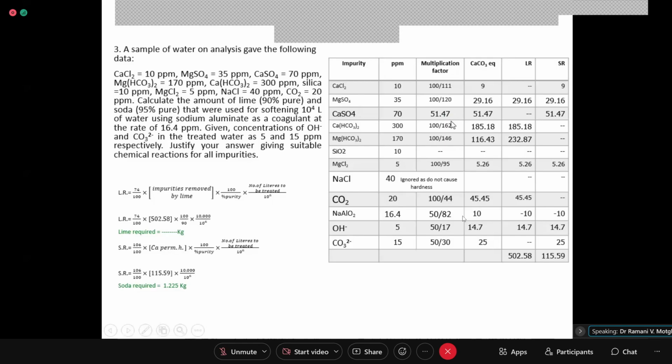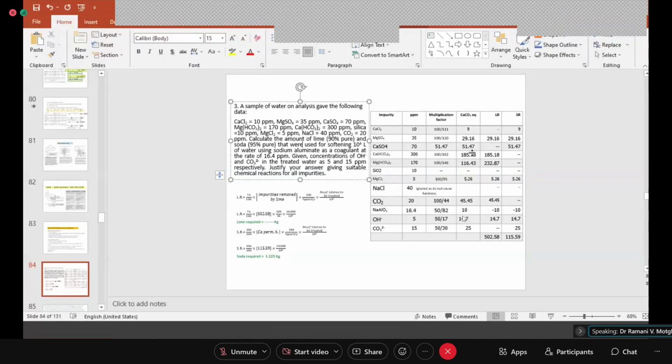I think CaSO4 column is wrong, ma'am. CaSO4 column is wrong. Yes. Means the multiplication factor value should be LR. CaSO4 should be mentioned. Yeah, let me come to this. So 100 by weight of CaSO4, 136.